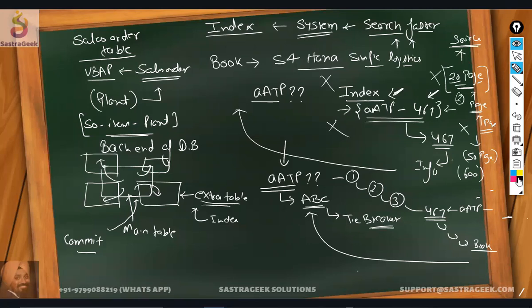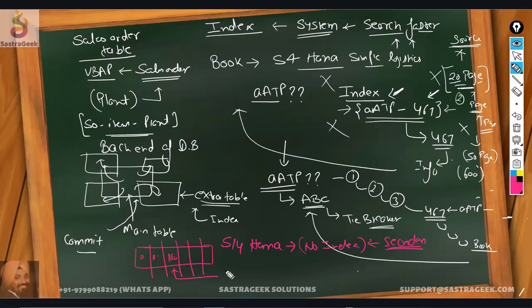Now, how can the index help out? When we talk about S4 HANA, we say no index is required, or rather no secondary index is required, because of the column concept. If you have these fields, this is your order, this is item, and this is plant, each field acts as an index.